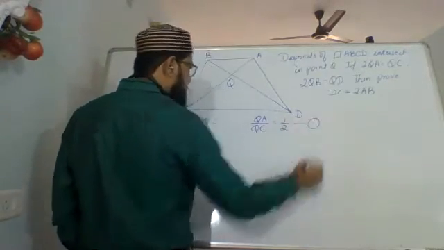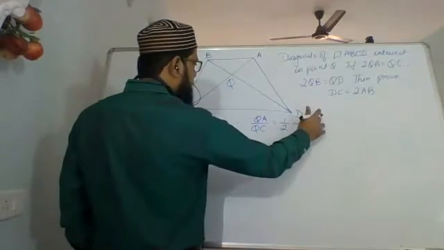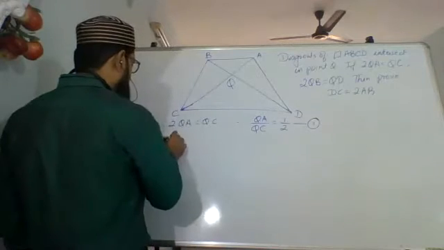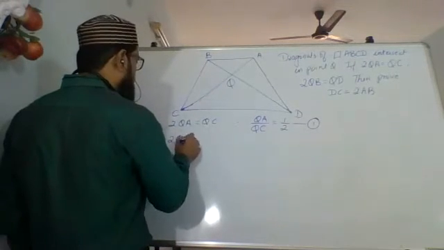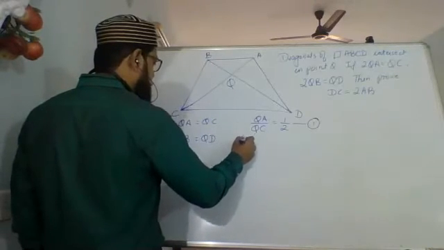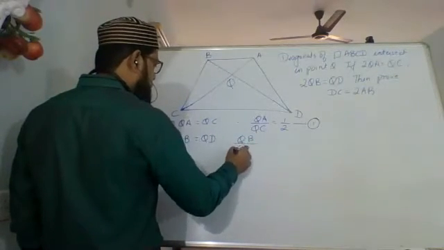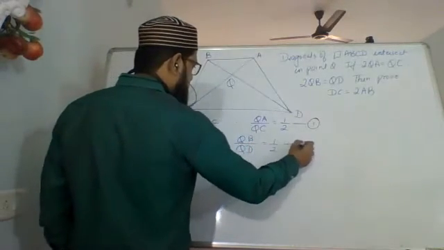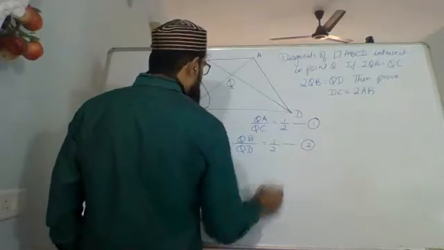Call this equation number 1. Similarly, we are given 2QB equals QD. Therefore, QB upon QD also equals 1 upon 2. This is your equation 2.